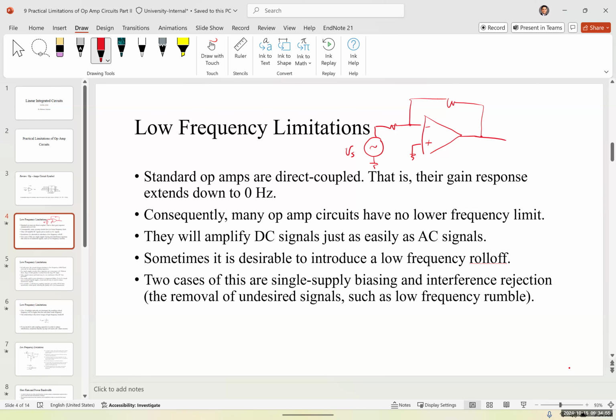As I mentioned, and this was the terminology that I'm going to use again, a capacitor blocks DC signal, but it allows AC signal to pass. So if we don't have any coupling capacitor, we won't have any lower frequency limit.